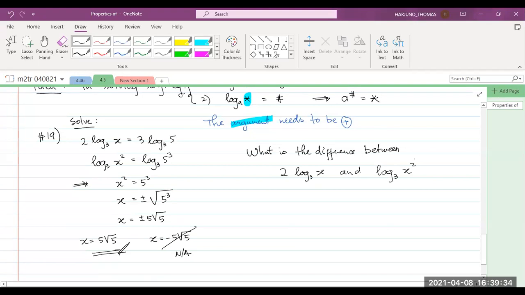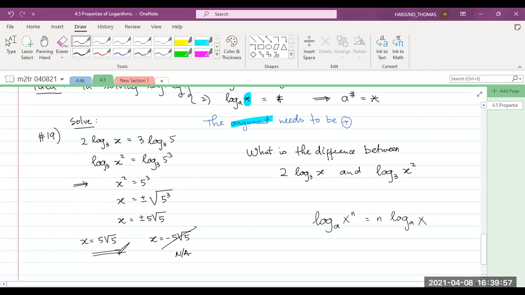According to property number 3, they are the same. Property number 3 says the following: log base a of x to the n equals n times log base a of x, right?